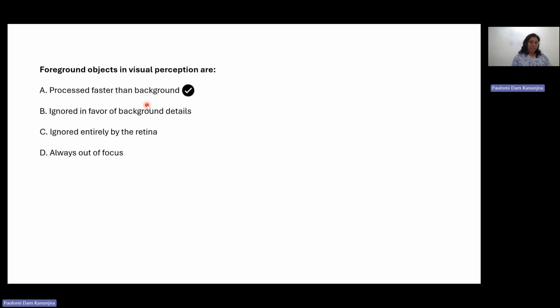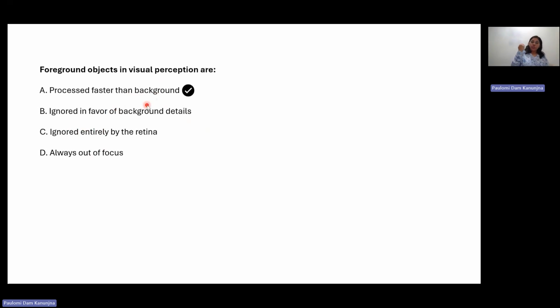That's because the brain considers these foreground images of more relevance to us, so it will interpret them better in contrast to the background. The background images are processed at a lower speed. The foreground images are processed faster.